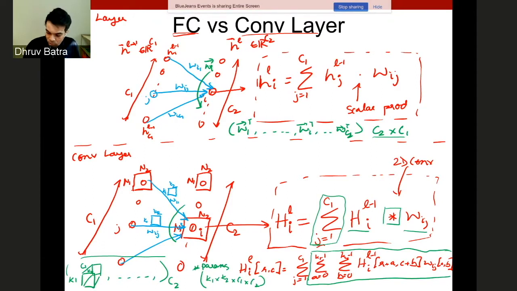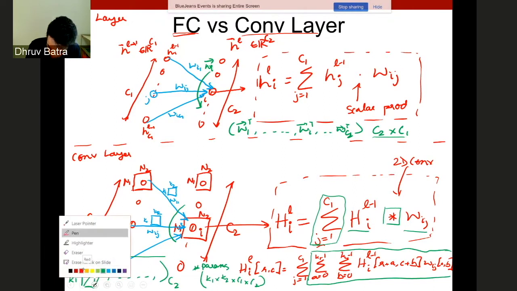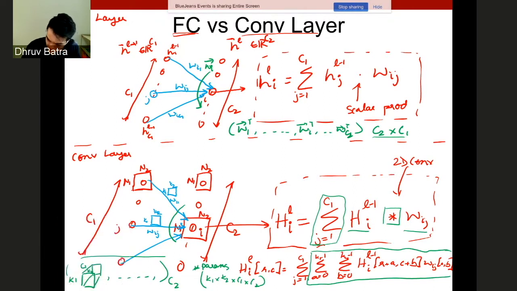If you want to incorporate the bias parameter, remember that every single output neuron corresponds to a bias parameter, and so really there's a +1 here. So C2 output neurons, each one of them corresponds to K1 by K2 times C1 plus 1 parameters.